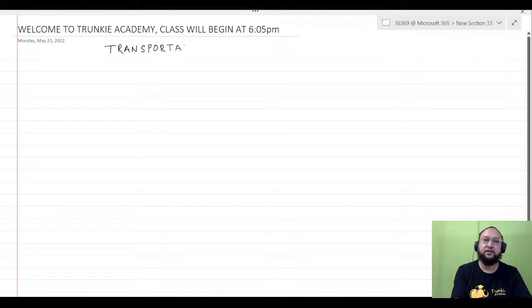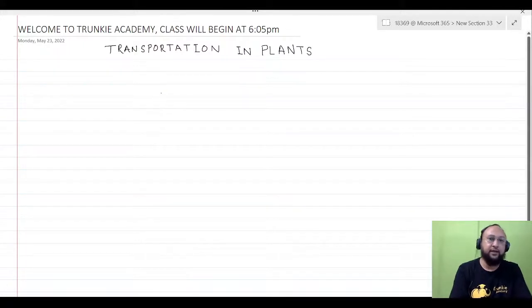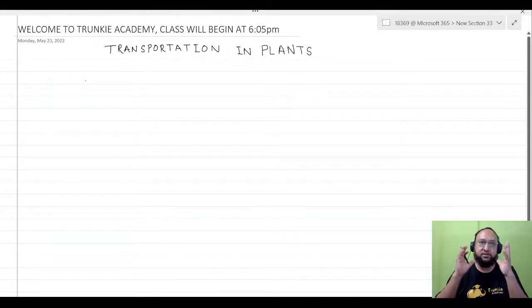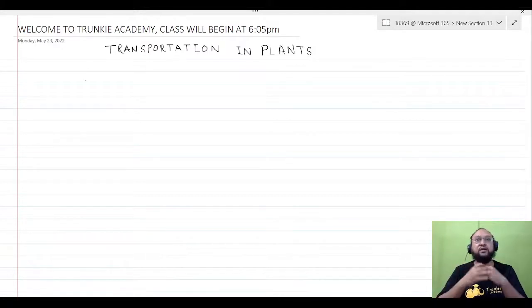Transportation in plants. First we will see the definition. Before I start the definition, just try to understand it. This transportation process, whether it is animal or plants, is very important.